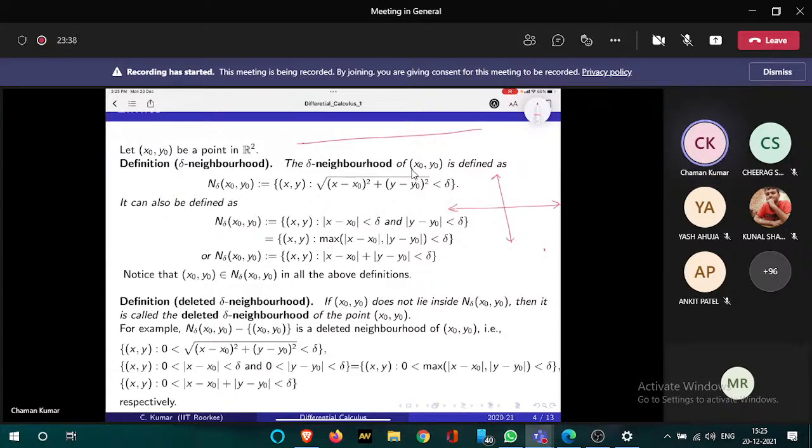So if you consider the space R2, that means you are considering a plane, with real numbers in two dimensions like x and y. All the points on the xy plane.